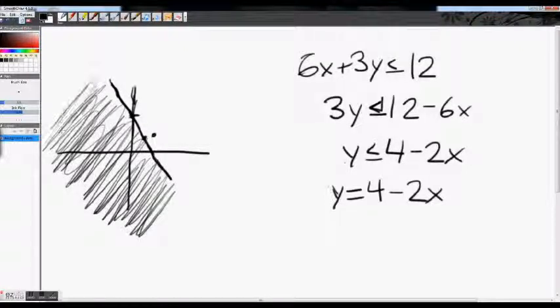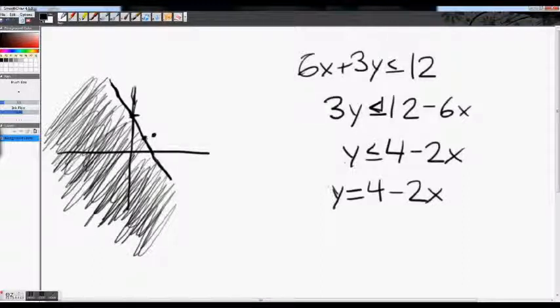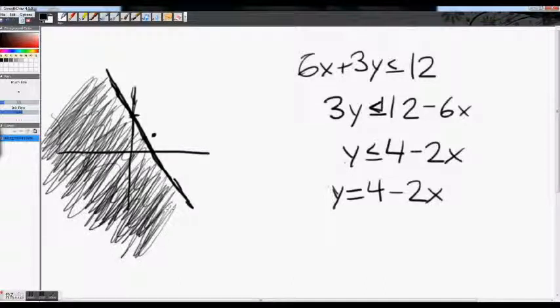So y is less than 4 minus 2x means that it lies in the region that is always less than the value on the line. So y will lie in this shaded region that will go on forever, extending upward and downward, and in this direction forever as well.